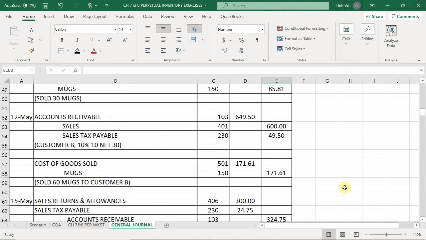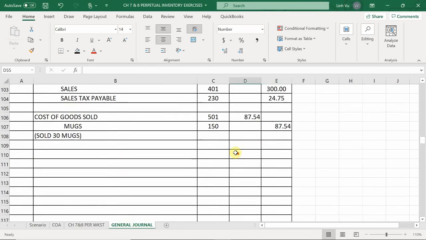Okay. Right, you're going to take your 649.50 and subtract that 324.75, and you should get the same exact answer. Okay. So that's the first thing you've got to recognize, because he is making a payment to what he owes us.